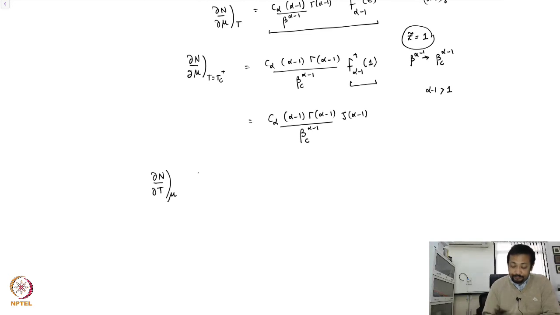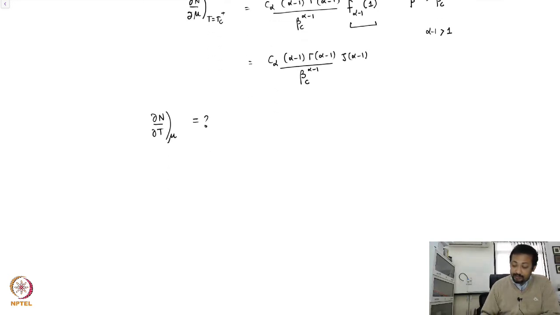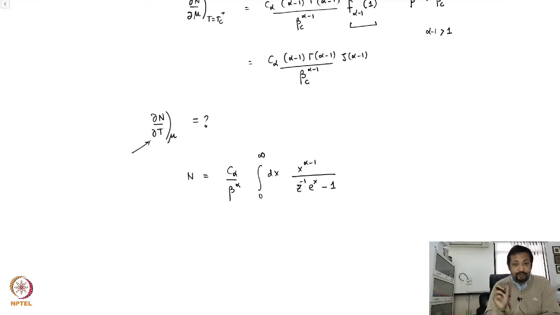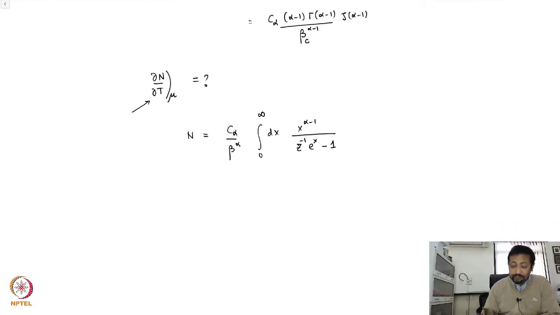Now n is again given by C alpha, beta raised to the power alpha, integral 0 to infinity dx x to the power alpha minus 1 divided by z inverse e to the power x minus 1. And this derivative again I am going to use very close to Tc, so that this becomes C alpha, beta raised to the power alpha.